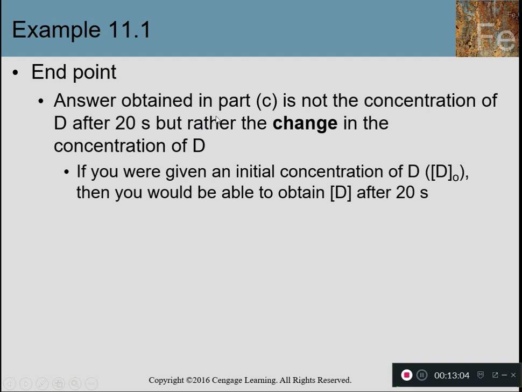So the numbers are different. You realize that what we saw in C, the change in concentration of B and change in concentration of D are different. And that's because they have different coefficients. They have different concentrations, different starting points, different ending points, but the coefficients are also very different.